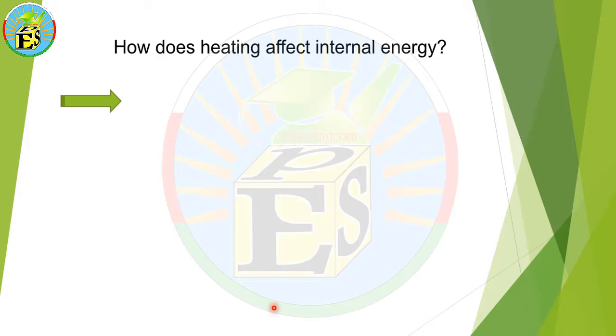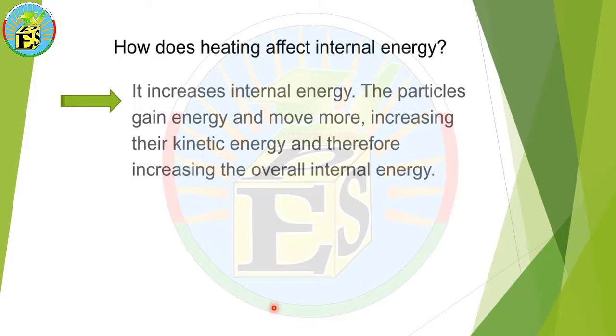They will move faster, so the kinetic energy will increase. It increases internal energy. The particles gain energy and move more, increasing their kinetic energy and therefore increasing the overall internal energy. Overall, it will increase.